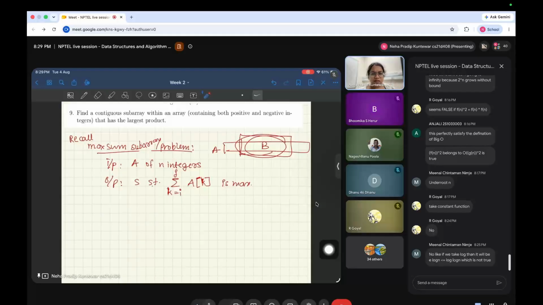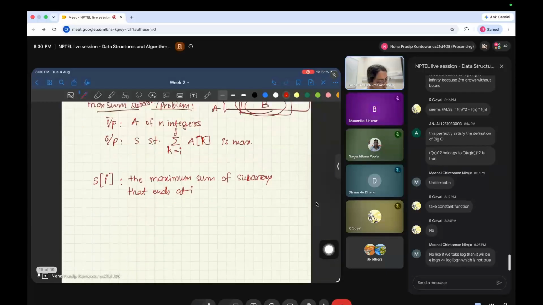So the way we did this was to maintain an extra array. The idea for solving this was that we maintain S of i, which is the maximum sum of a subarray that ends at i.